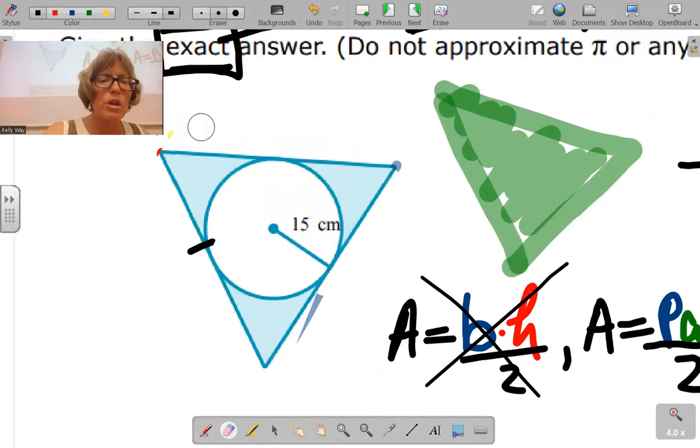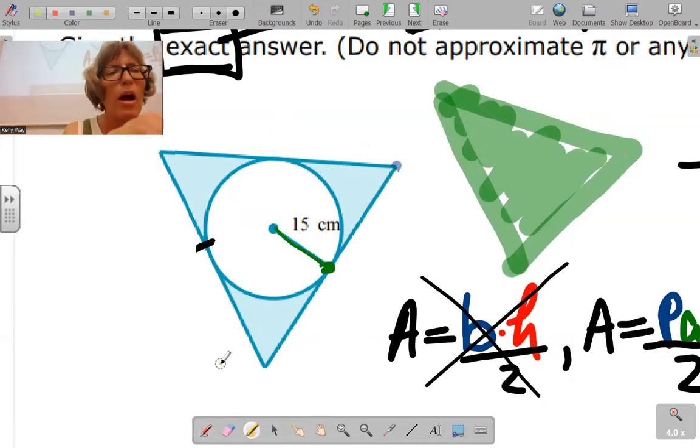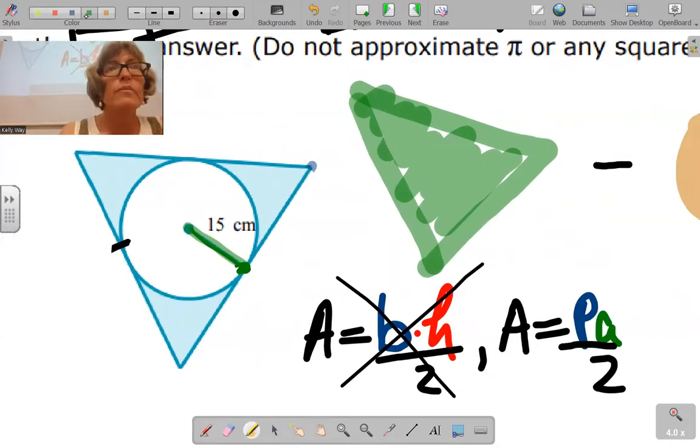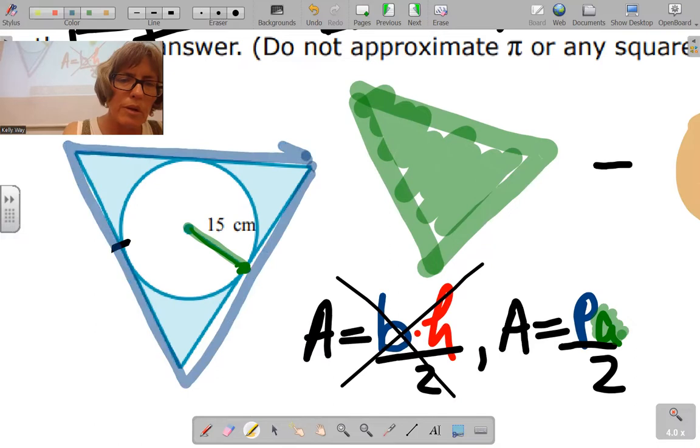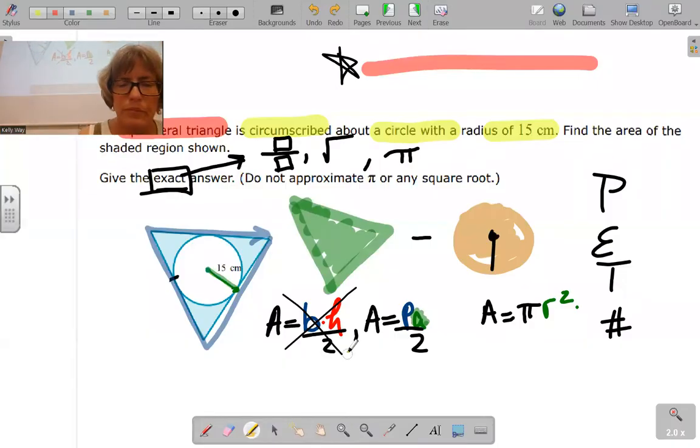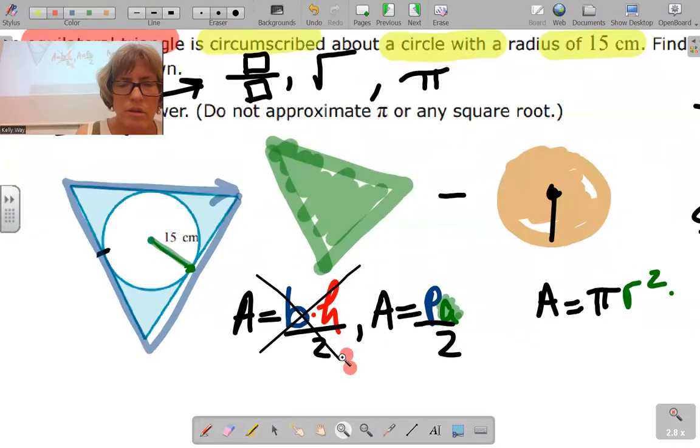So let's see what we could work with. We ask here, do we have the apothem? And wow, we do have the apothem right here. And we need to find the perimeter, which we could easily do. So we are going to be working with this equation.